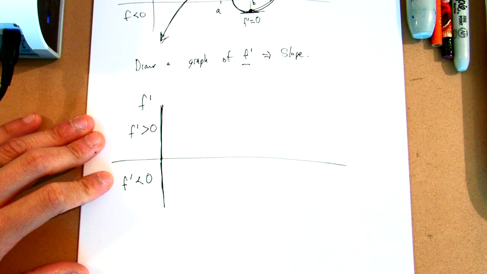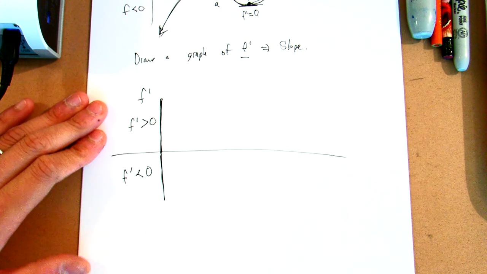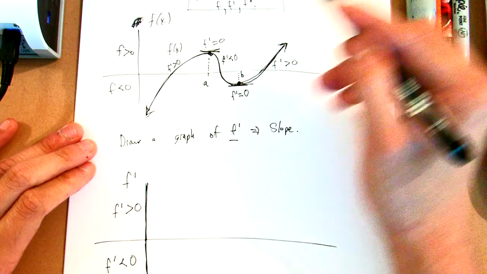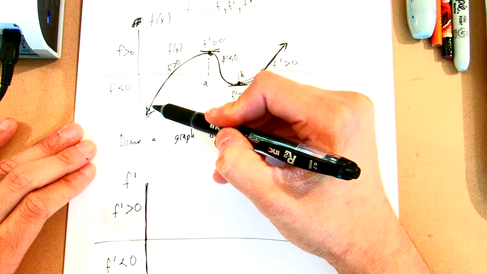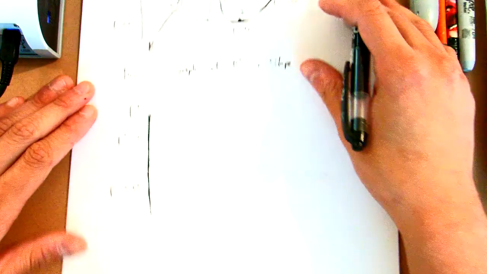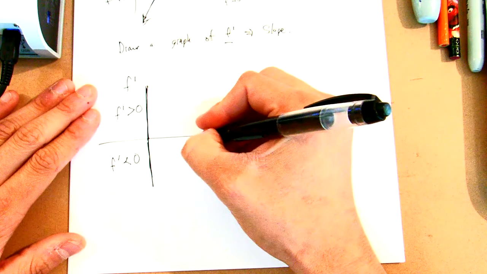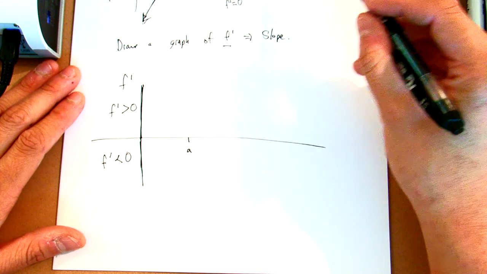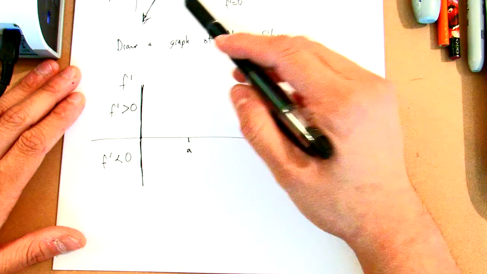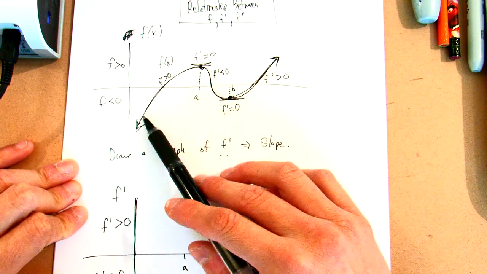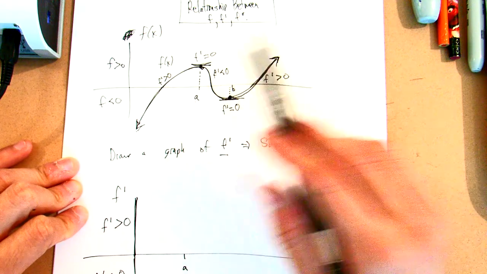So all we have to do is figure out what's going on here. So we know what's happening here. If we look at the original graph, f is greater than 0 from negative infinity to a. So if we call this point a here, f is increasing from negative infinity to a, which means f prime is above.